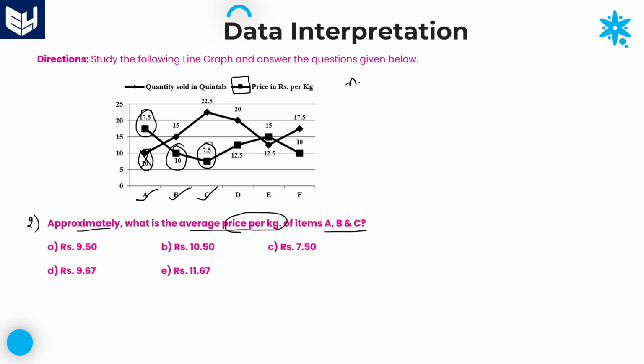As we all know, average is equal to what? Average is equal to sum of observations divided by number of observations.